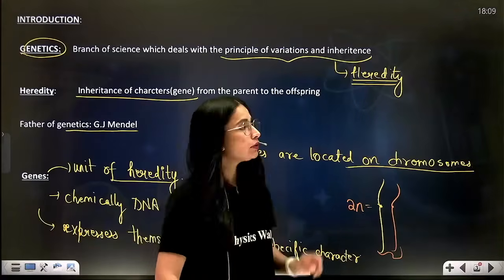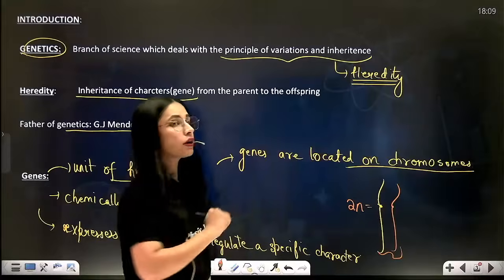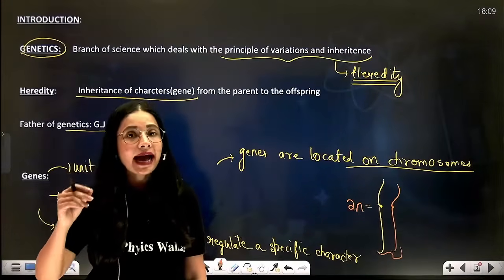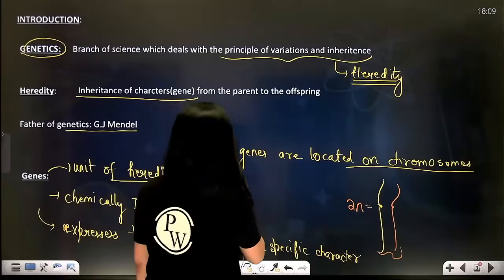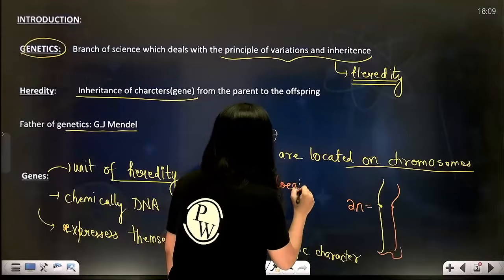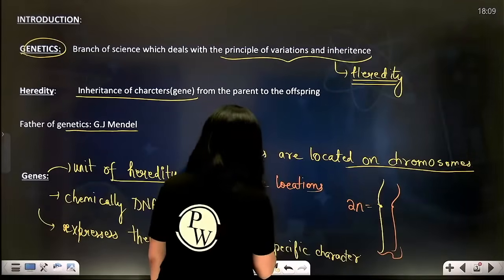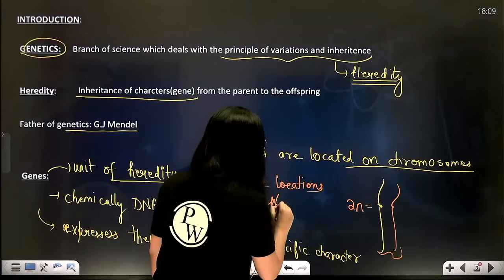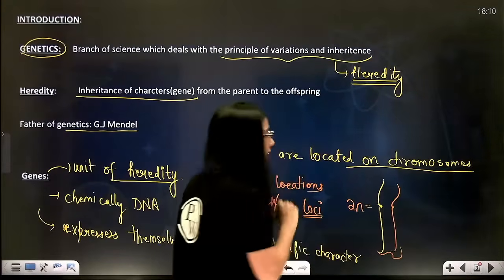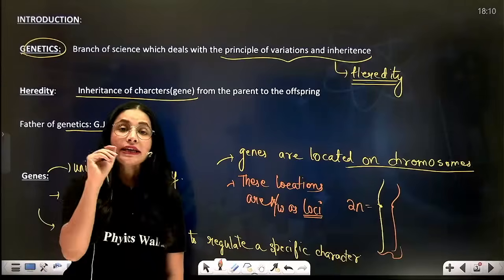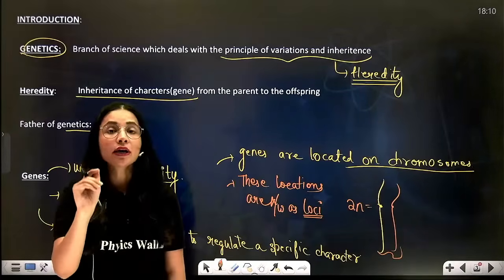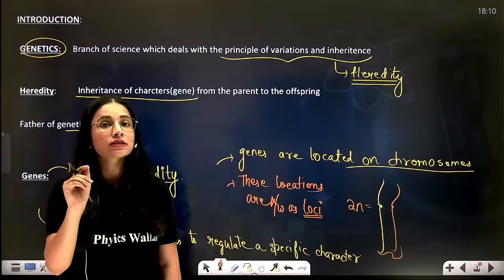So what will you write as the next point? Genes are located on chromosomes and those locations are called loci. The locations of genes on a chromosome are known as loci. For each gene, there is one locus located on a pair of homologous chromosomes.